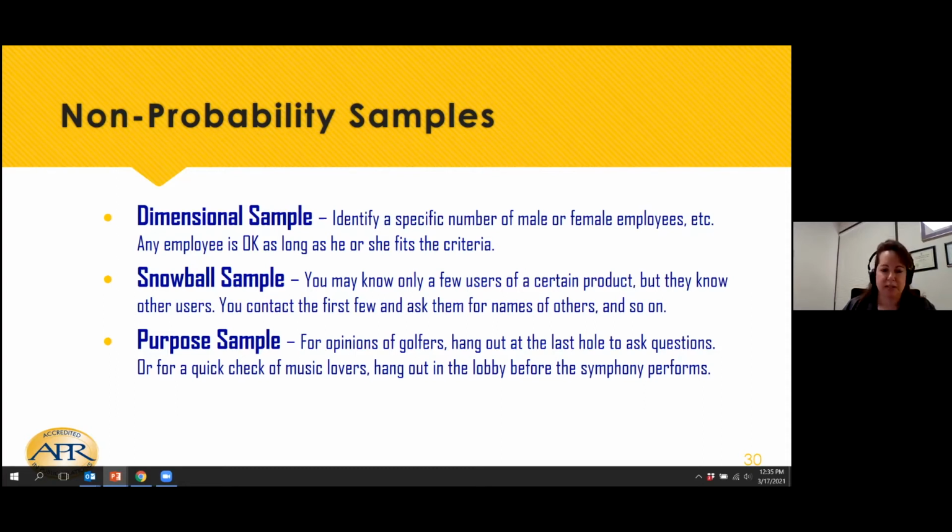A snowball sample: you may know only a few users of a certain product, but they know other users. So you contact the first few and ask them for names of others and so on. A purposive sample: for opinions of golfers, for example, you might hang out at the last hole to ask questions, or for a quick check of music lovers, you might hang out in the lobby before the symphony performs.